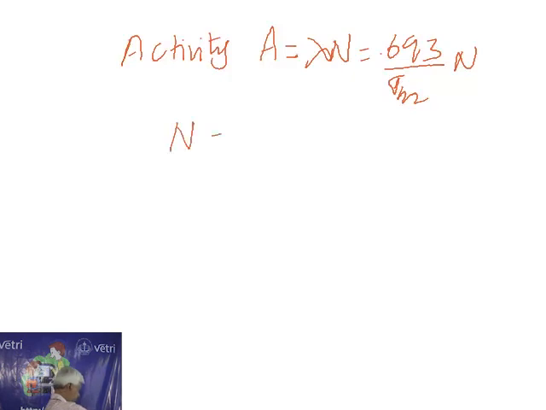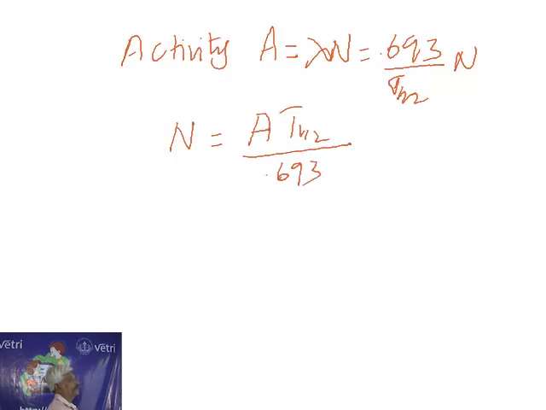Therefore, N is equal to A into T half divided by 0.693, from which the value of N can be calculated. So, this value can be substituted here.